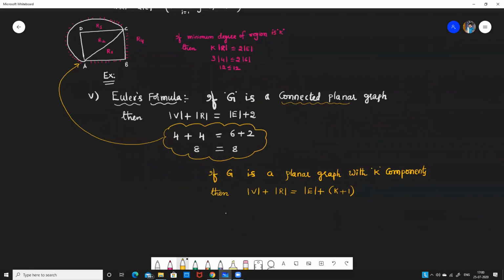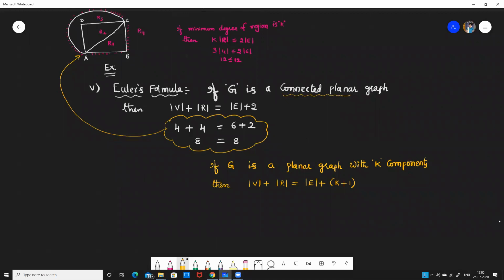Let me check this formula by taking a simple example. Suppose I'm taking a graph.